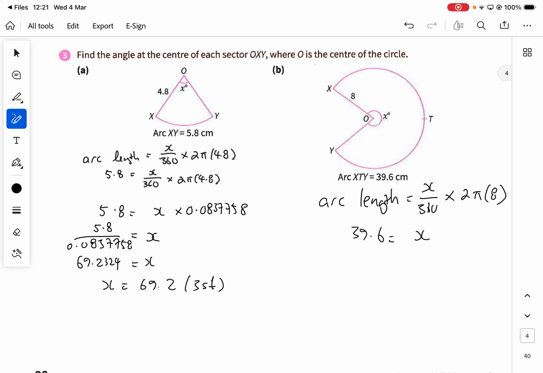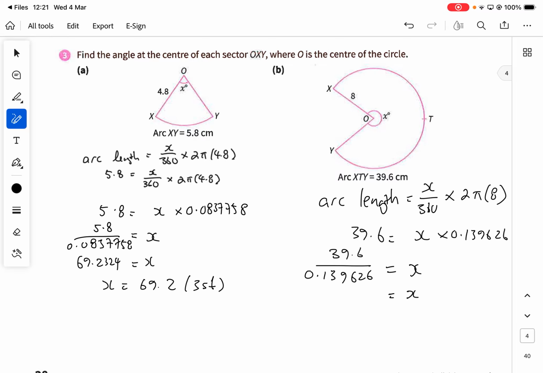Okay, let me write one more line to help you all see. Where is my eraser? Okay. Where is my pencil? Pen.